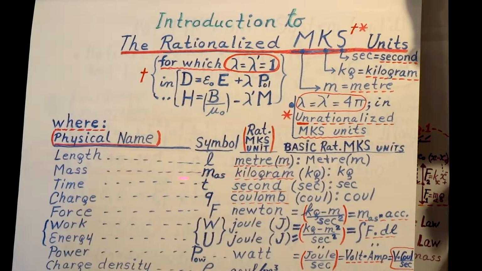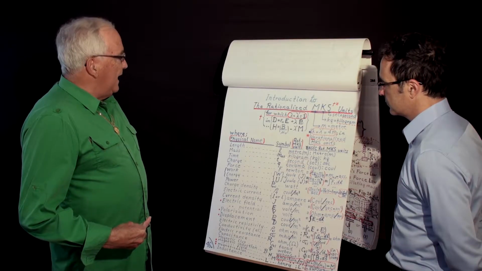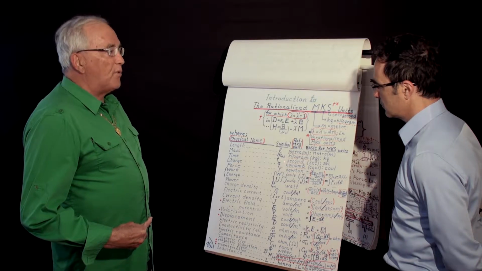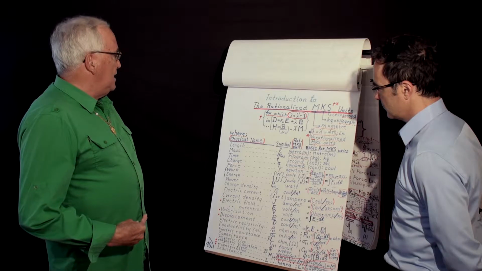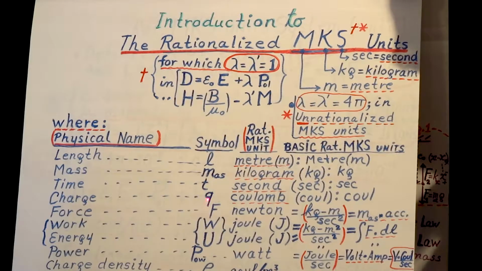For example, length, when we write an equation in terms of symbols, is symbolized by L, mass by M usually, but I added AS for mass because M can be other things as well, okay? And I like AS for atomic spring because I talk a lot about atomic spring. Time, T, charge, Q, the electric charge.